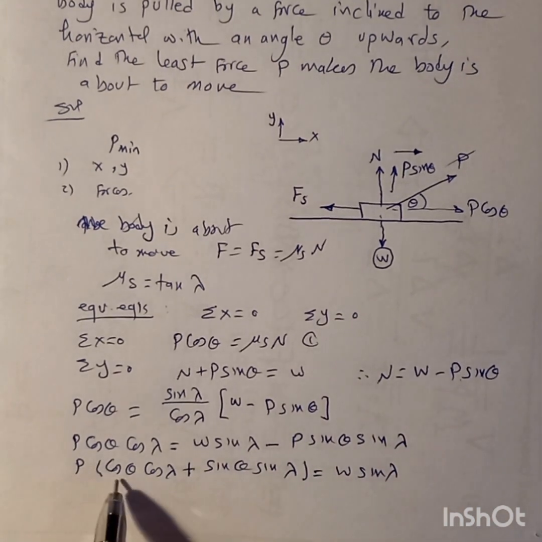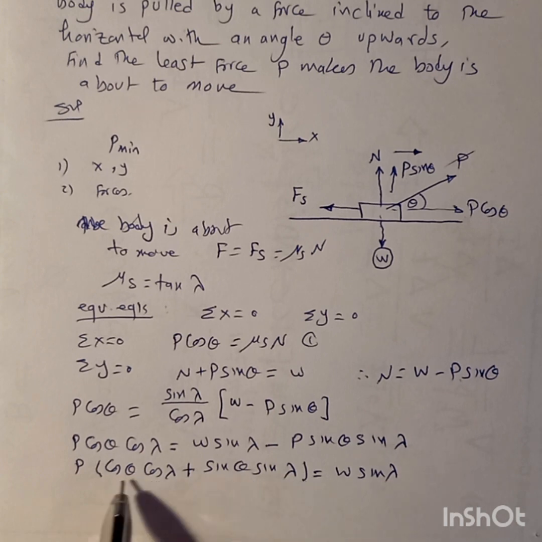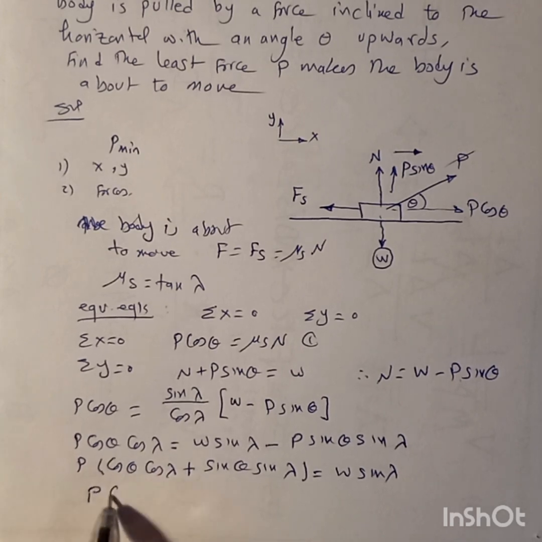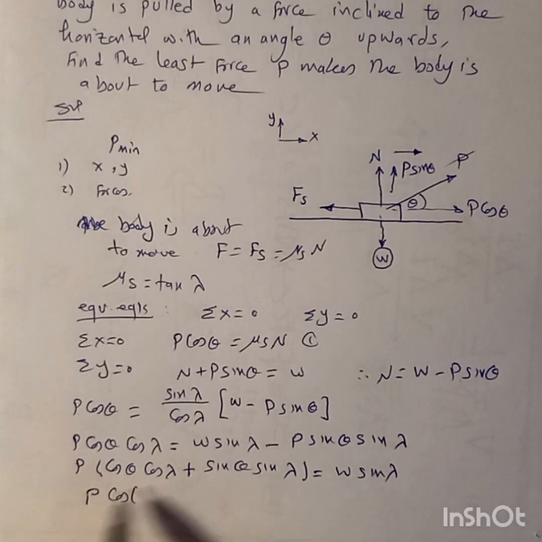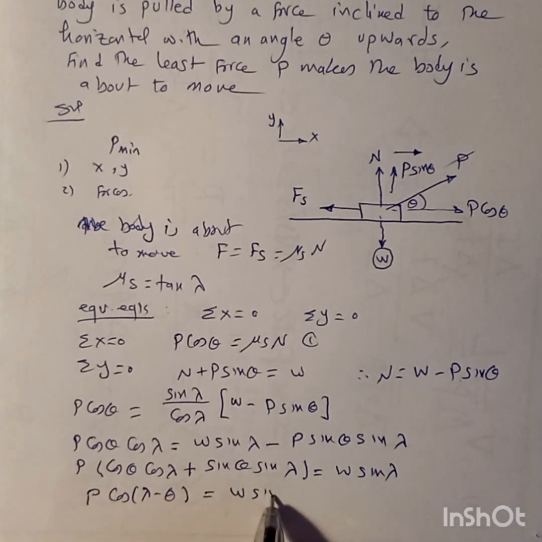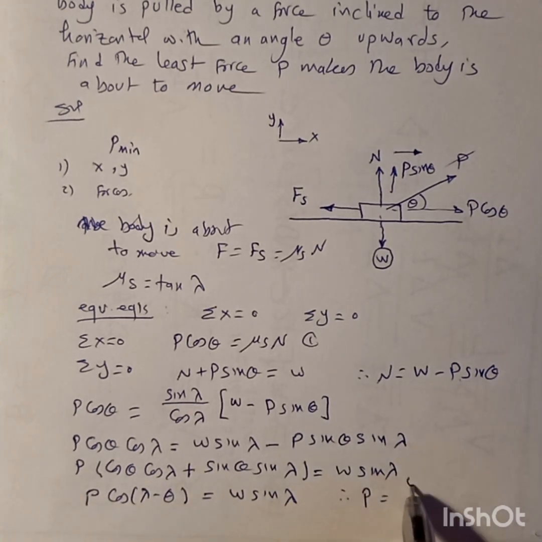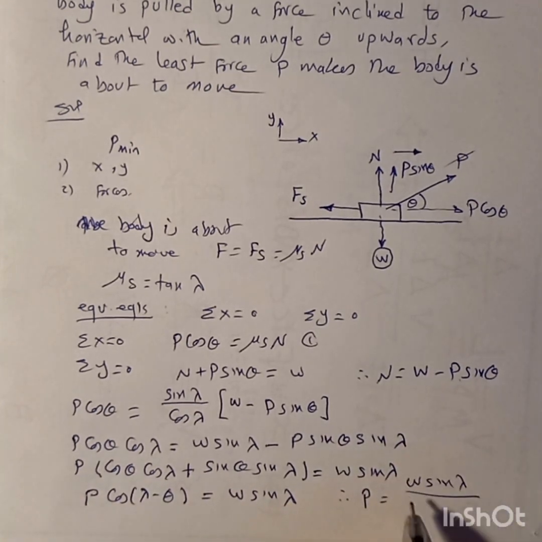As we know, this quantity inside the bracket, cosine theta cosine lambda plus sine theta sine lambda, equals cosine of the difference between theta and lambda, or lambda minus theta, equals W sine lambda. Then we can find P equals W sine lambda divided by cosine of lambda minus theta.